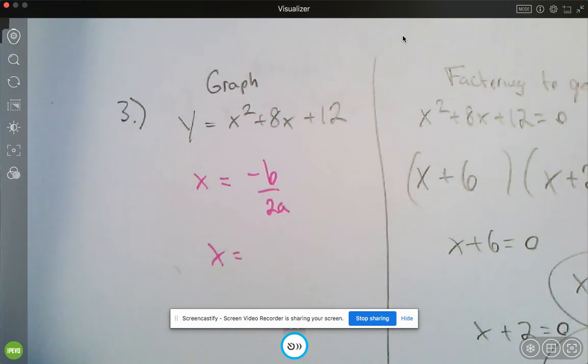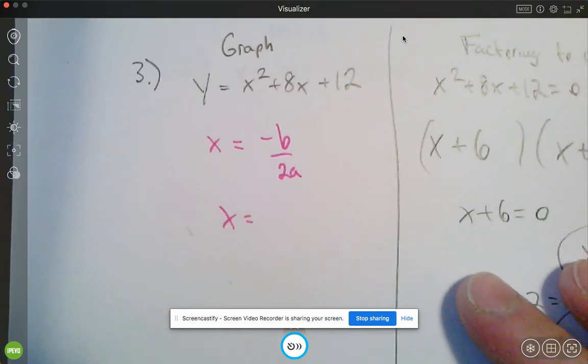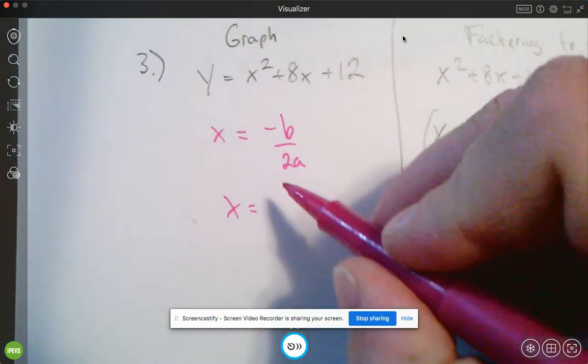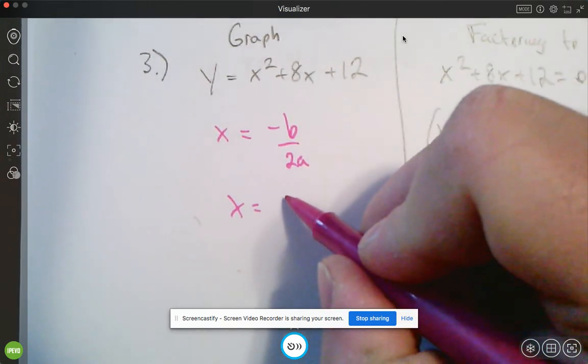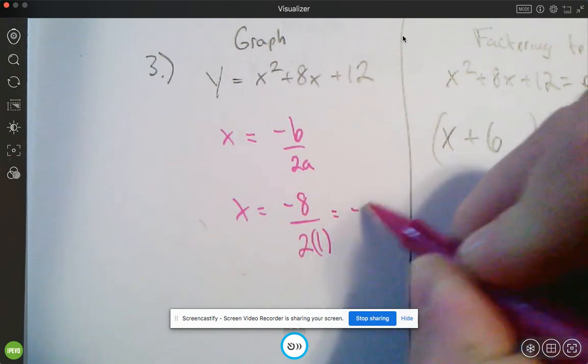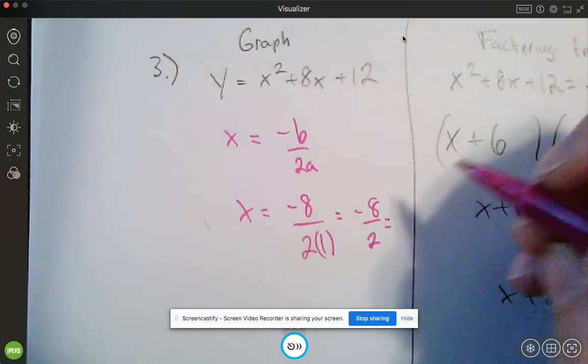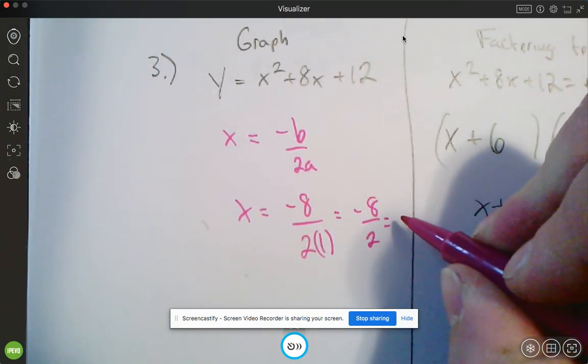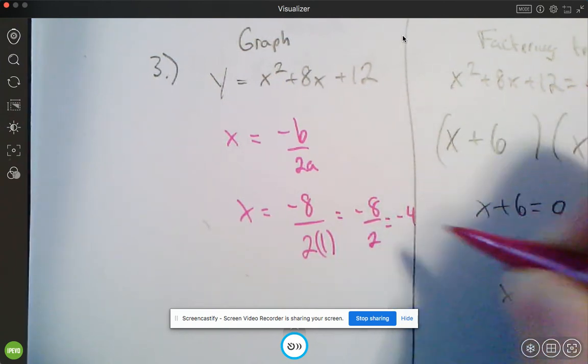So here goes. I'm going to put -b, which is -8, over 2 times 1. So this is -8 over 2. So I now know that I have a line of symmetry at x equals -4.